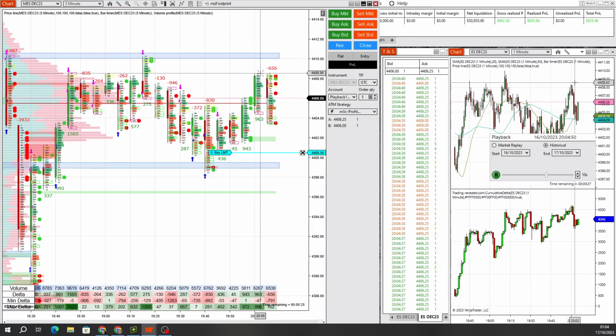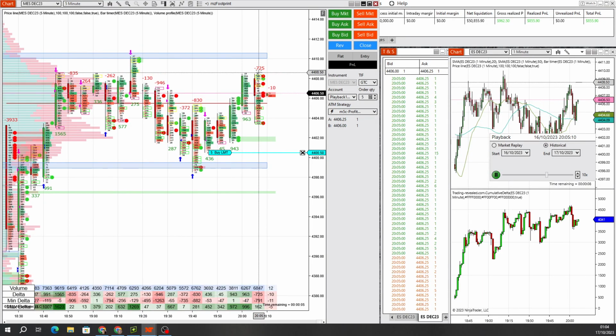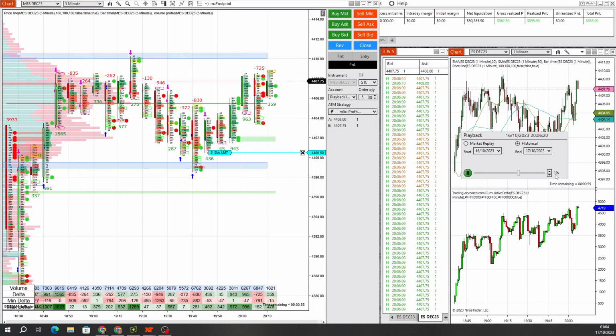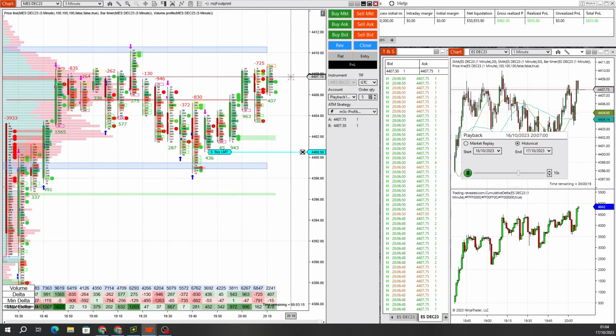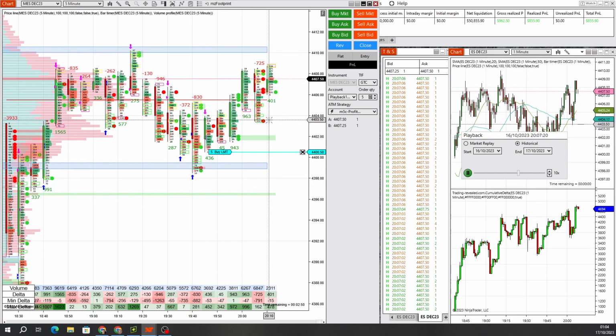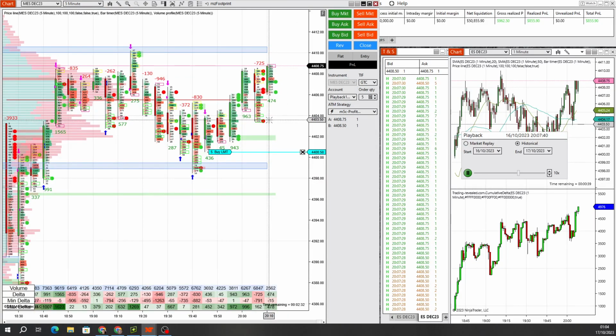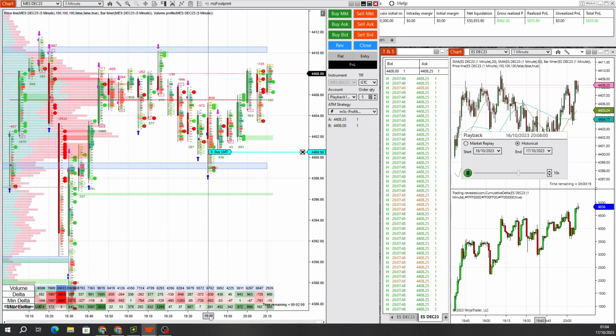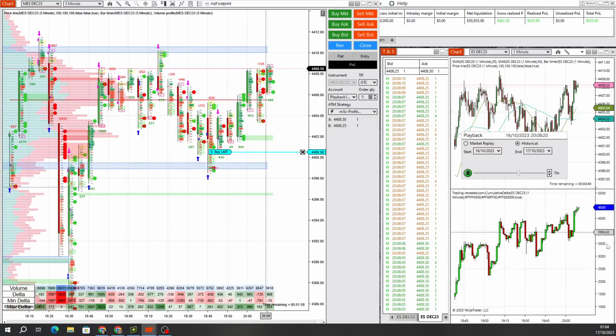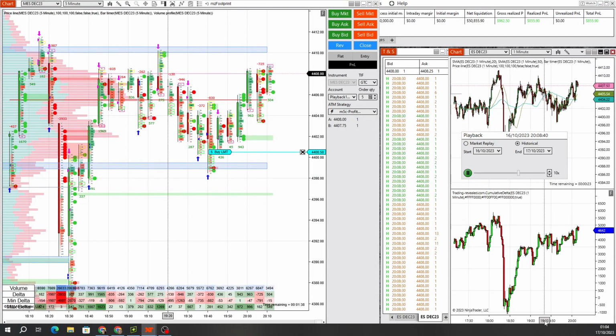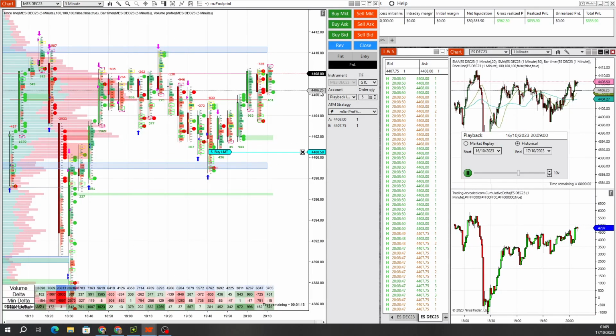Okay, so stop losses are above. Everything is moving very fast, 10 times faster than normal, so I'm not able to catch all of that. Okay, so delta is pushing. Market wants to go higher.